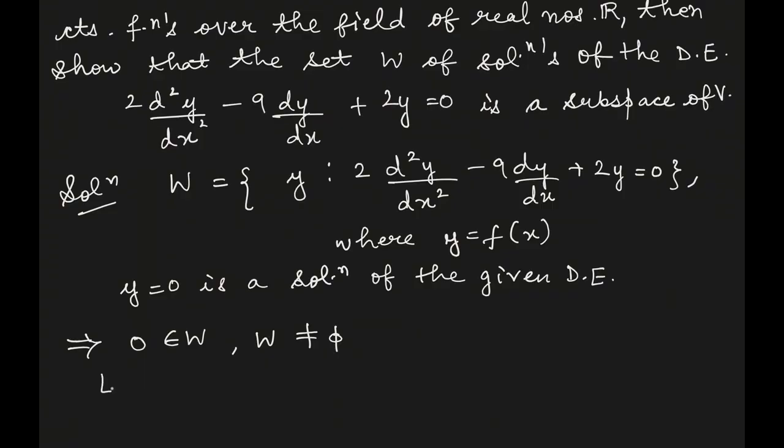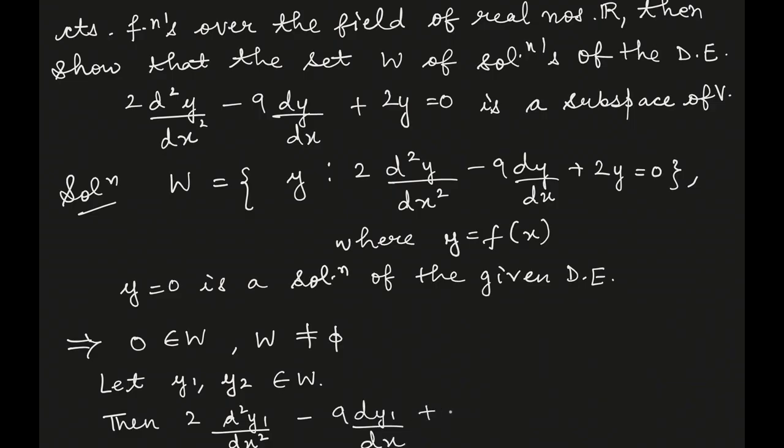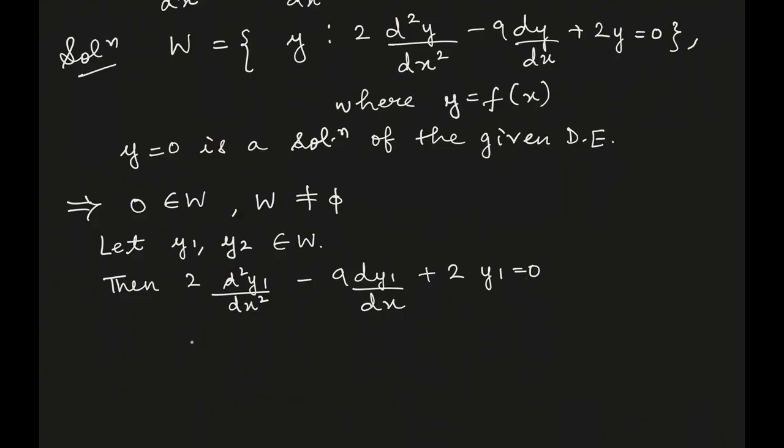Now I will take two members of W, then 2 d square y1 upon dx square minus 9 dy1 upon dx plus 2 y1 equal to 0, and 2 d square y2 upon dx square minus 9 dy2 upon dx plus 2 y2 equal to 0.